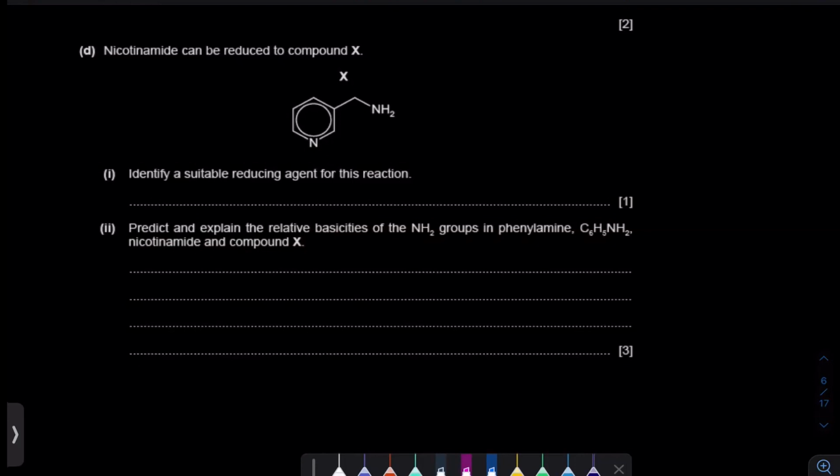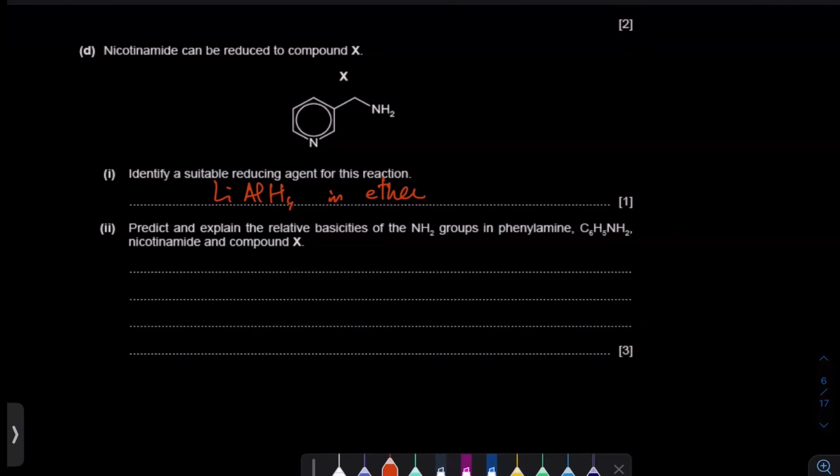Reduction. And we need a strong reducing agent. So we could take lithium tetrahydroaluminate in ether.